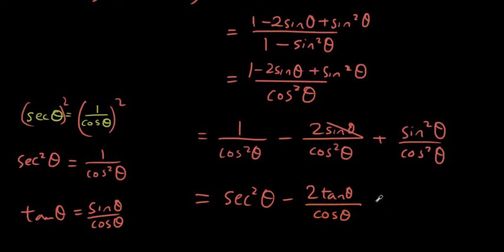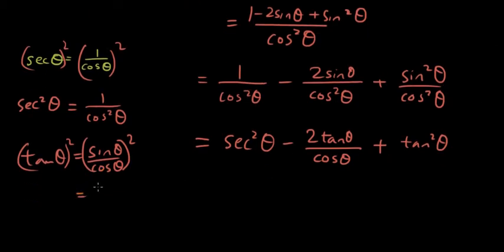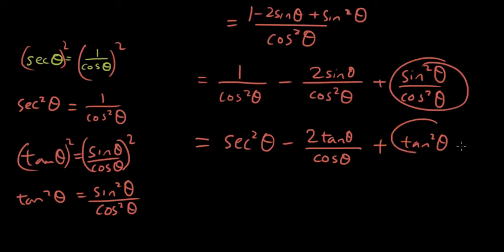And then I have sine square theta over cos square theta is tan square theta, right, from this same identity. If I square both sides, then I get sine square theta over cos square theta equals tan square theta. So that's why this is equal to this.